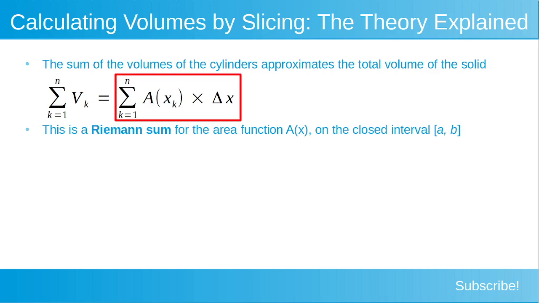These terms inside this red rectangle highlighted here are a Riemann sum for the area function A of x on the closed interval from a to b.